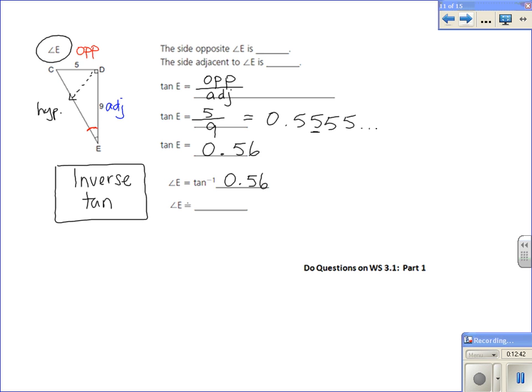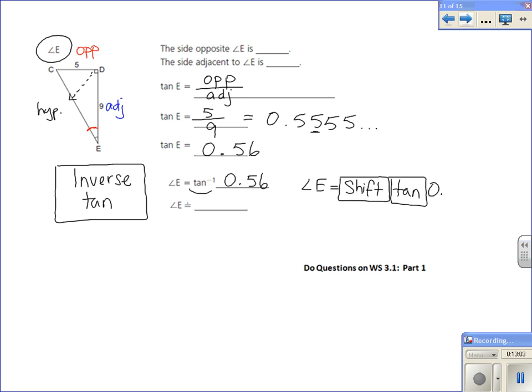Or shift, or second function. On your calculator, that's going to look like this: angle E is equal to either second function or shift, tan. That simply gives me the inverse tan.